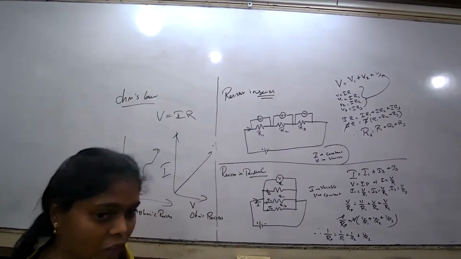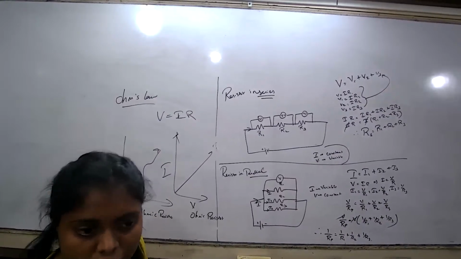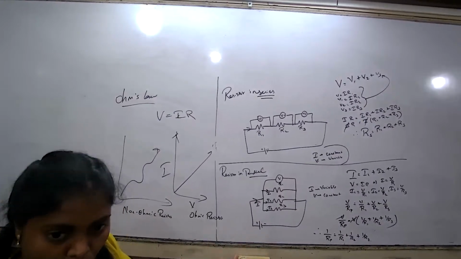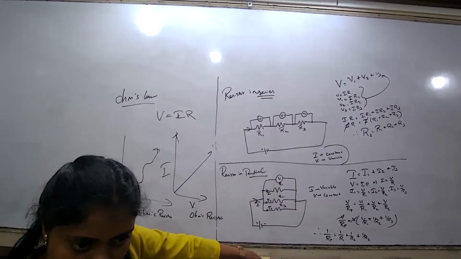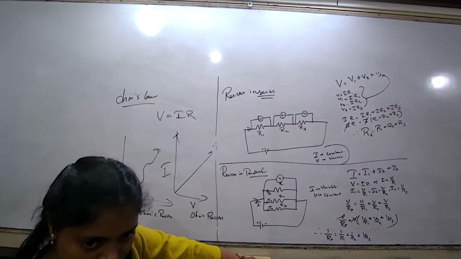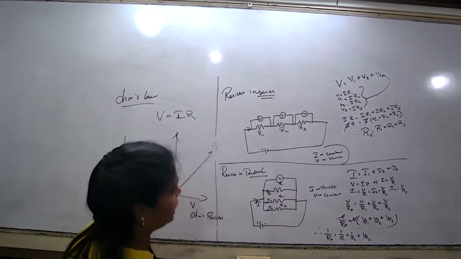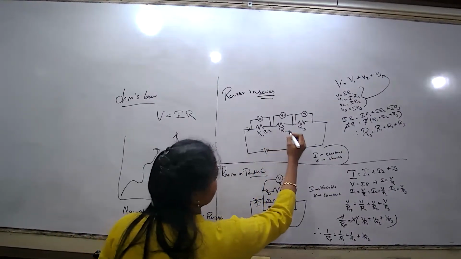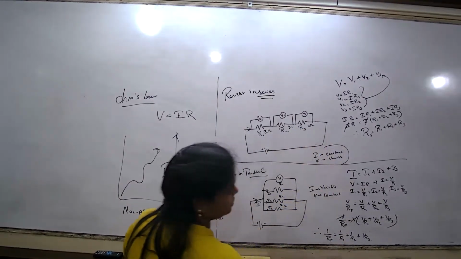Sometimes they ask you to derive the formula when two resistors are connected in series, or four resistors connected in parallel. Now you are able to get the formula, isn't it? It is easy. This is one pattern. Another pattern, they give you values like 2 ohm, 3 ohm, 4 ohm and ask you to find the equivalent resistance.